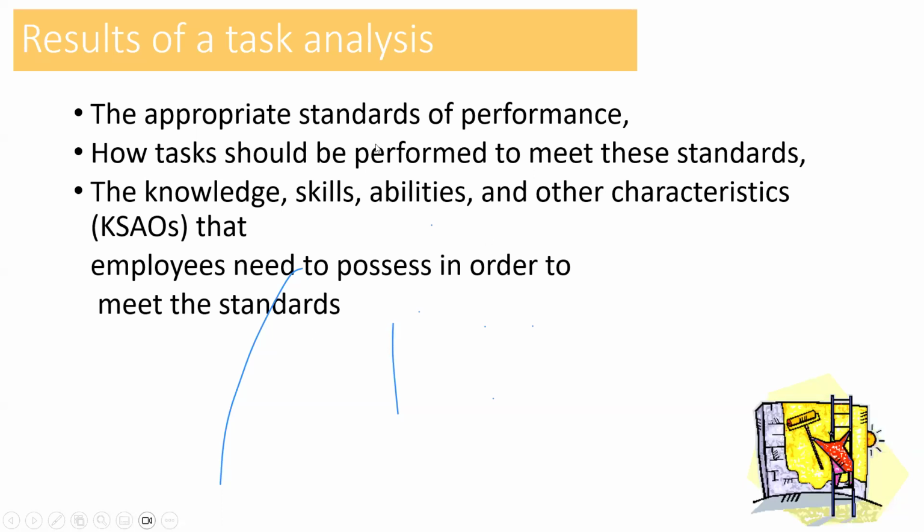Basically, what are the job's key performance indicators, how these tasks are to be performed to meet those key performance indicators, and what knowledge, skills, and abilities are required to perform to these standards. So basically task analysis identifies those things, and additionally what needs to be included, and those can be added to the job, and they can be trained to the employee.